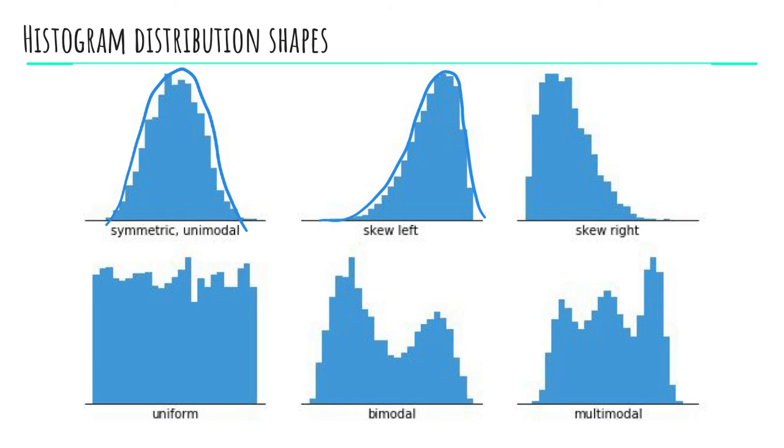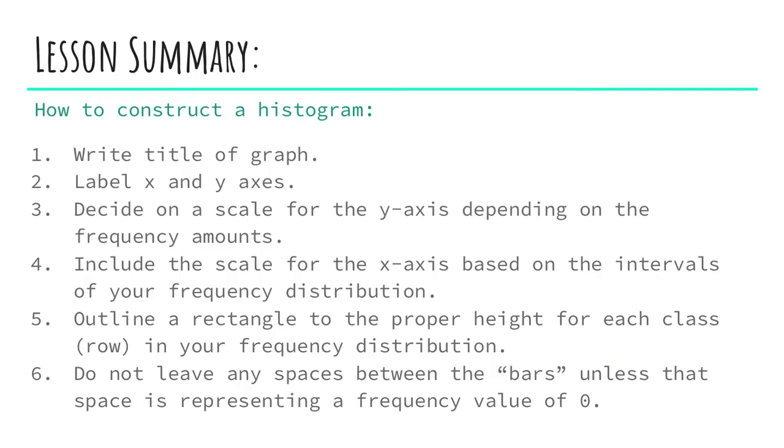The opposite, if you see the hump coming before the tail, you can say that the distribution is skewed right. If you don't necessarily see a hump, all the data seems pretty much flat, you can say that the distribution is uniform. If you see 2 humps, you can say that the distribution is bimodal. And if you see many humps, you can say that the distribution is multimodal.